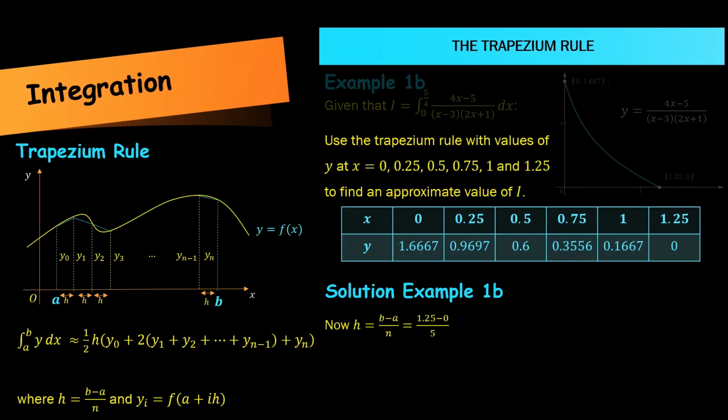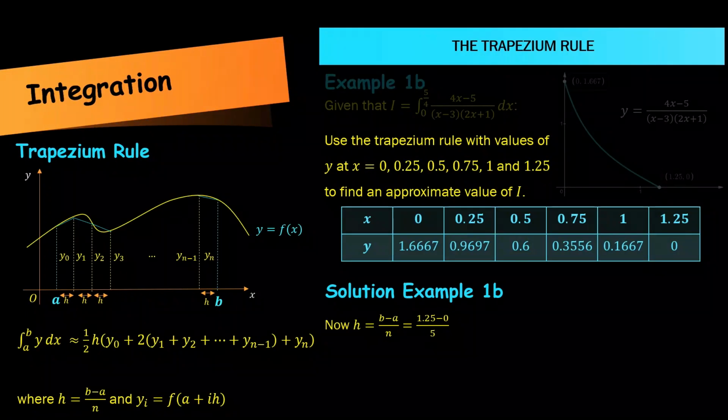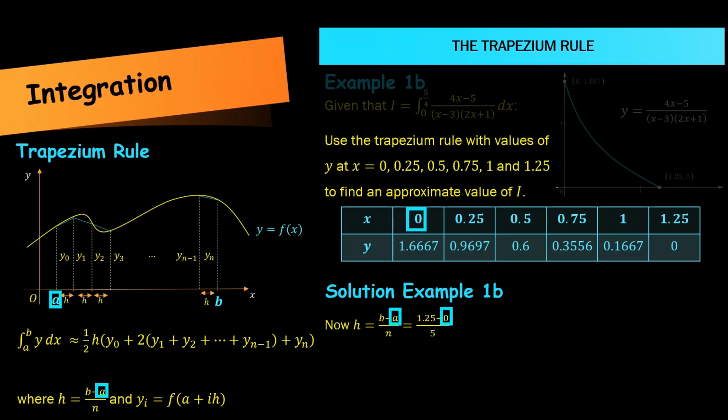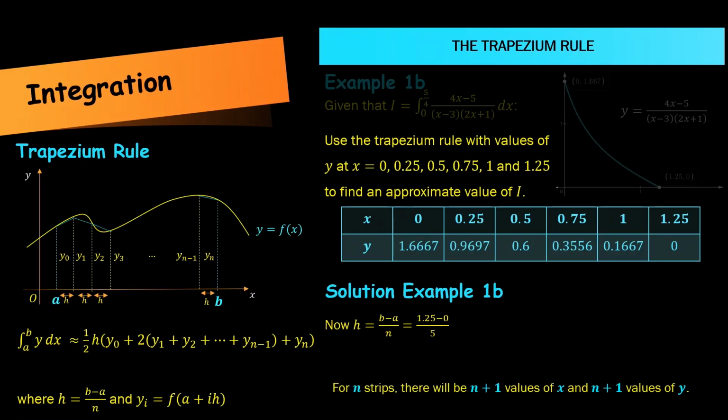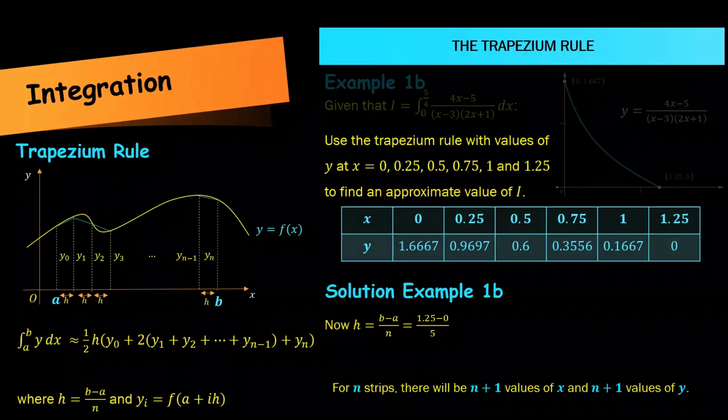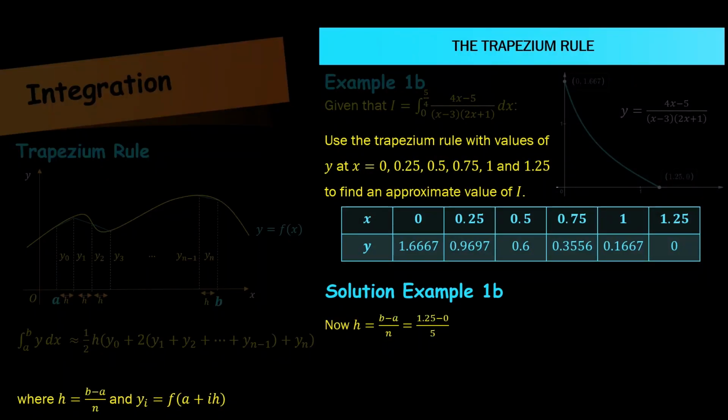Now h is equal to b minus a over n, which is equal to 1.25 minus 0 divided by 5. This is equal to 0.25.